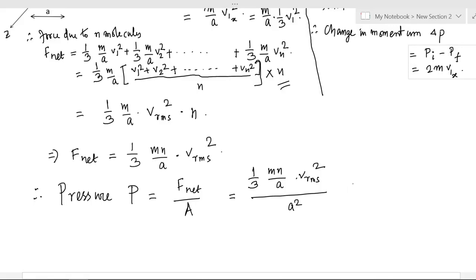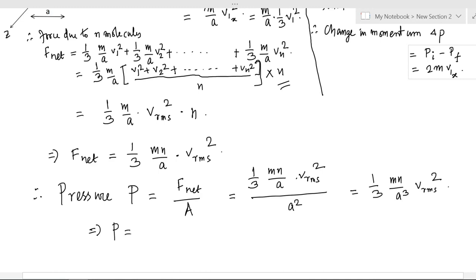So ultimately this is giving you 1/3 mn by a cube into Vrms squared. What is a cube? A cube is nothing but the volume of the cube, isn't it? A cube is nothing but the volume of the cube.